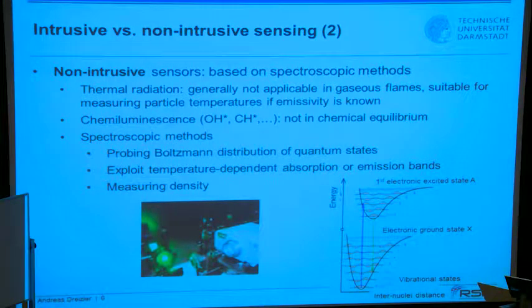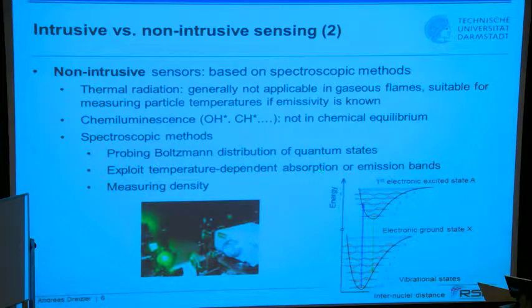You can classify the spectroscopic methods into those probing the Boltzmann distribution of quantum states, typically for rather small molecules. The next is you exploit temperature-dependent absorption or emission bands. In the end, that is, of course, also linked to Boltzmann distributions, to be explained, but these are rather large molecules where we do not have full access to their quantum mechanical description.